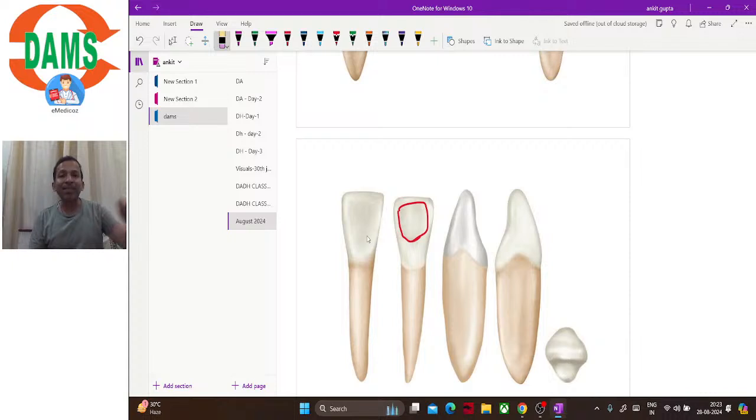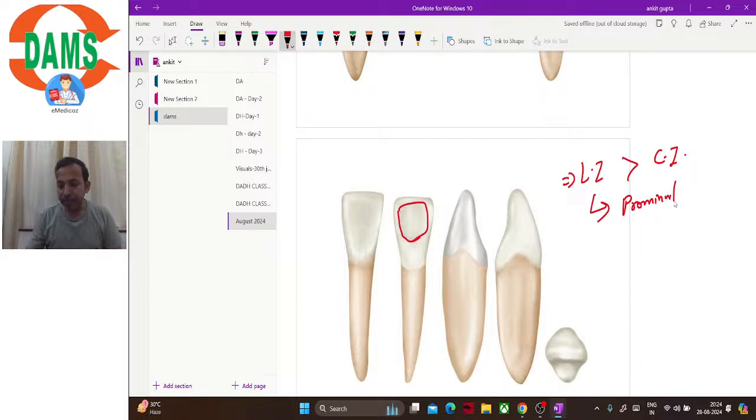The difference between the maxillary and mandibular incisors is that the maxillary central incisor was larger than the maxillary lateral, whereas in the mandible it is the lateral incisor which is larger than the central incisor, and again it is the lateral incisor which has more prominent lingual fossa and cingulum, right? So though it is larger, it yet has more prominent cingulum and fossa, right?